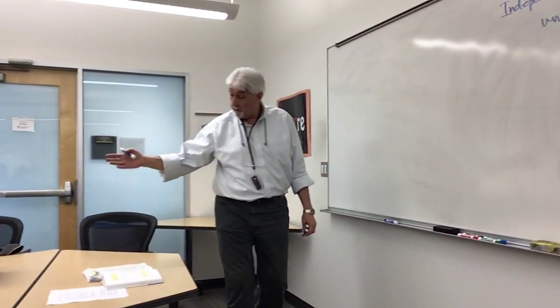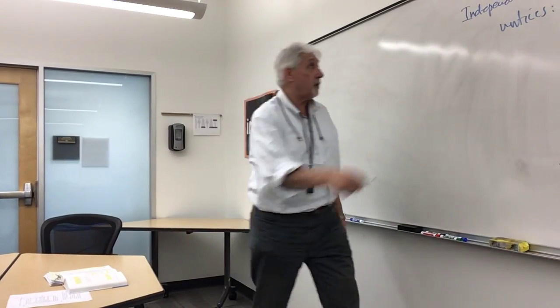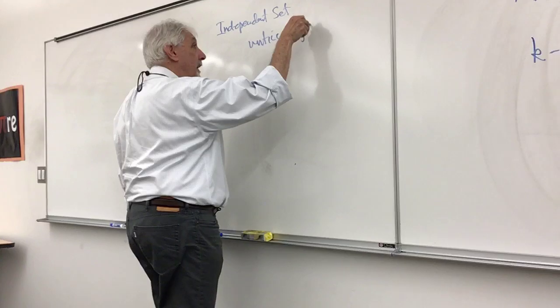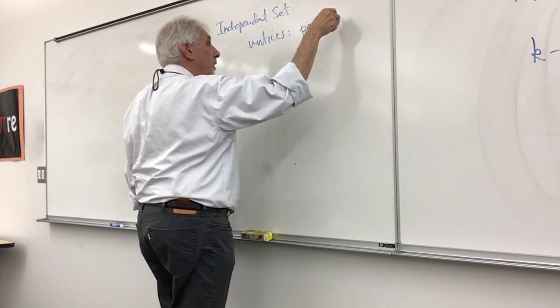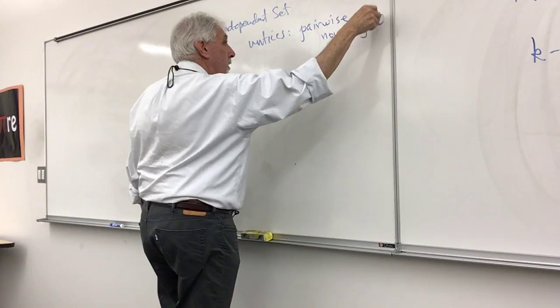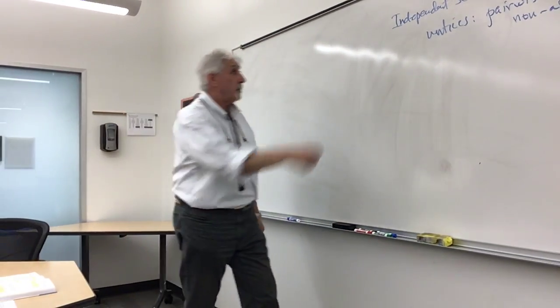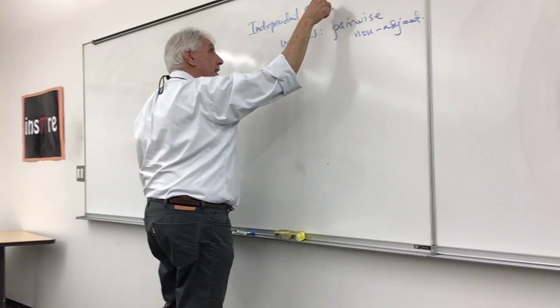It's a set of vertices where they're pairwise non-adjacent to each other. So that's an independent set of vertices.